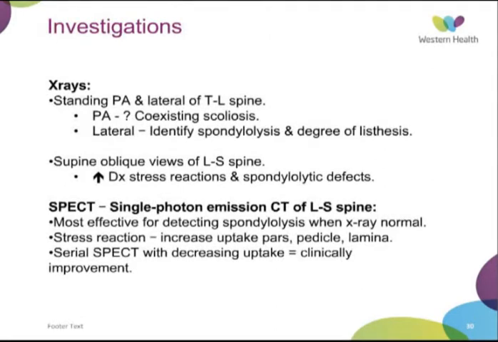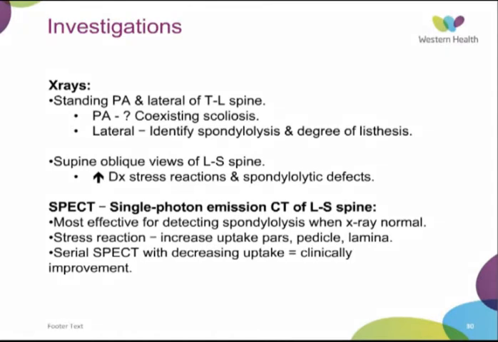In terms of investigations, start off with plain films. So a standing PA X-ray and lateral of the thoracolumbar spine. In the PA view, you may find coexisting scoliosis.